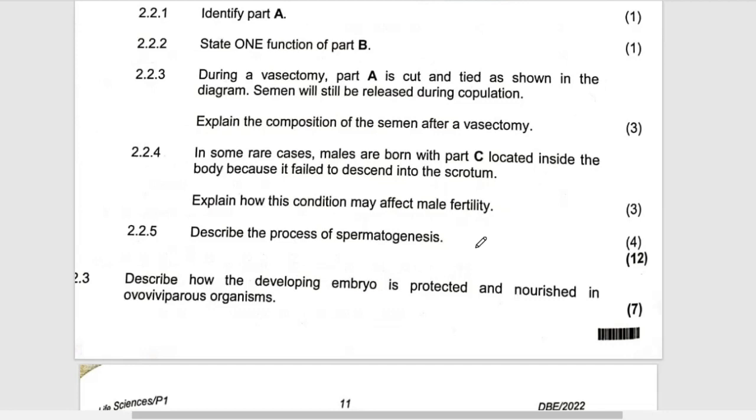And if they're few in numbers, they are most likely not to reach the fallopian tube to carry out fertilization. If they don't reach there, the consequence will be less probability of the egg being fertilized. That's the meaning.